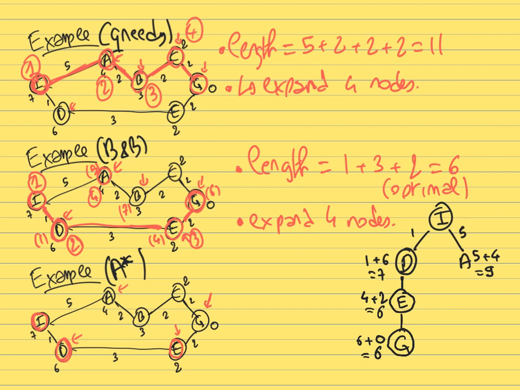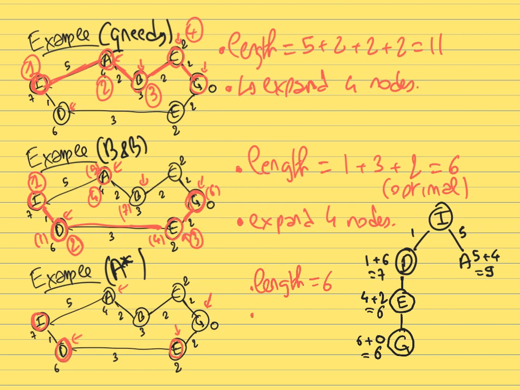So the minimum distance that you can expect is at least of 9. So you know in this case that there is no chance that you can find a shorter path than the one that you have found by using the road that goes through D and E. So you find the shortest road, which is the one that has a length of 6.